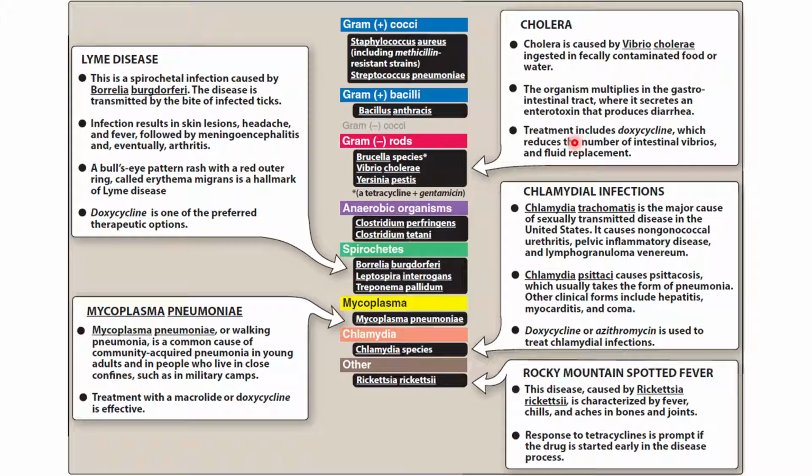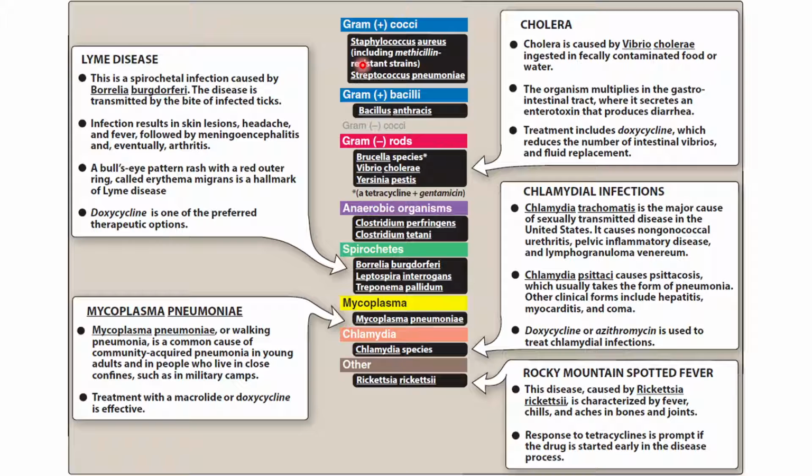And we start with the tetracycline spectrum of action. Tetracyclines have a broader spectrum of action than the penicillins, for example, however they cover pretty much the same gram-positive microflora, including Streptococcus pneumoniae and Staphylococcus aureus.